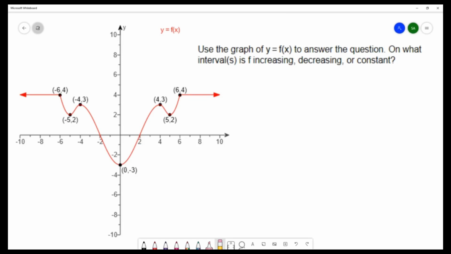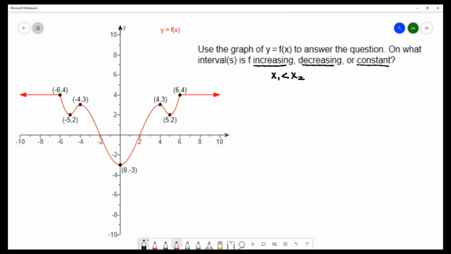do is try to look at the picture overall to start with. And what I do is I trace the graph going from left to right. And the reason why I do that is because in the definitions of increasing, decreasing, and constant, all of those definitions describe x sub 1 being less than x sub 2.